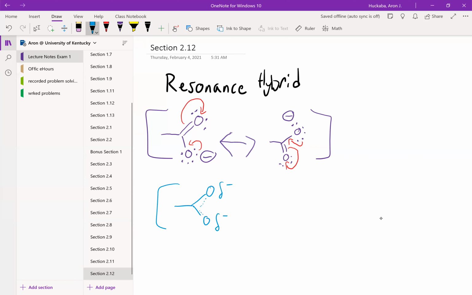Draw in little brackets here, the resonance hybrid.